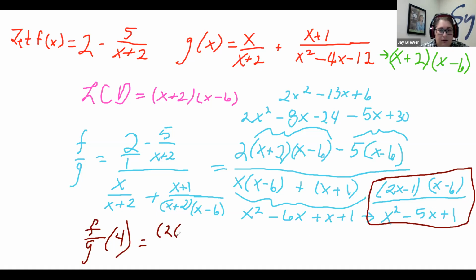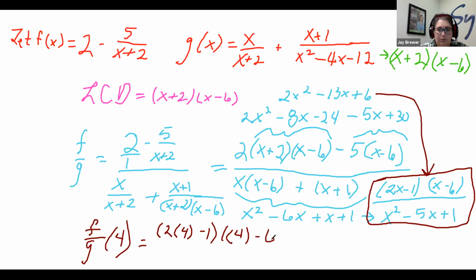All right, so the next part of the question was f over g of 4. So we're just going to plug 4 in. Now you could use either approach here. You could use the one up top, this one. Since we didn't cancel anything out, you could use that one as well.